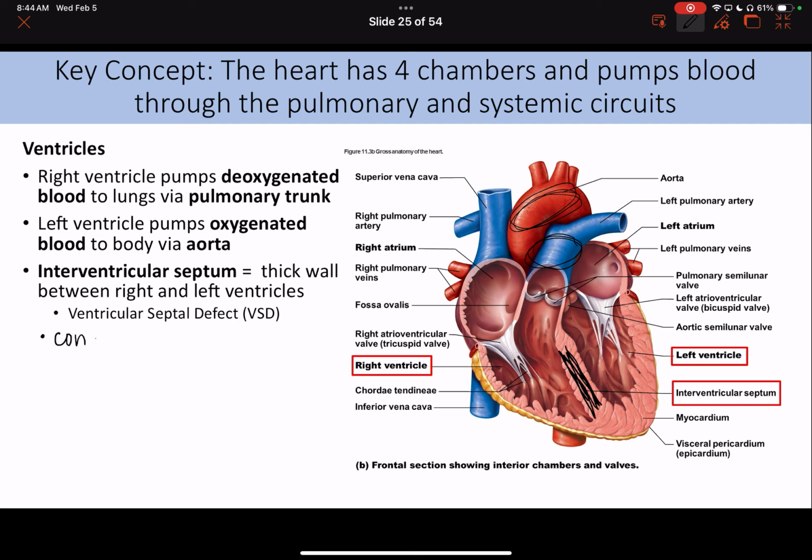This is congenital in infants and children. But it can also be due to an MI or a heart procedure can cause a ventricular septal defect later in life. And an MI, we'll talk about later, is a myocardial infarction, which is otherwise known as a heart attack.